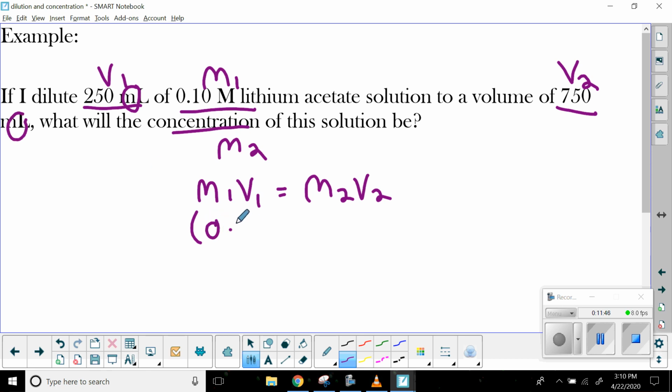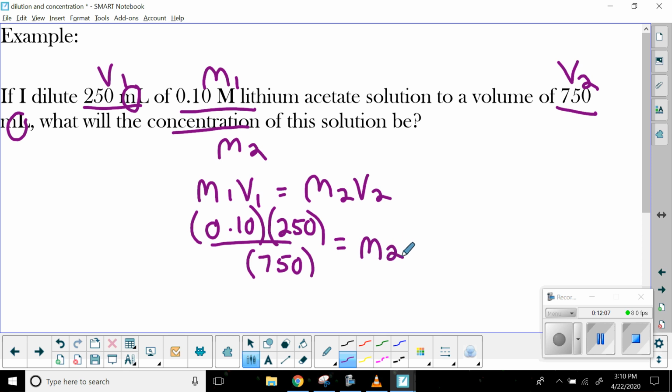So I'm going to have 0.10, 2 sig figs there, times 250, 2 sig figs there. And I want the concentration, so I might as well divide both sides by V2 here to get 750. And that will leave me with M2. And then I just solve it out.